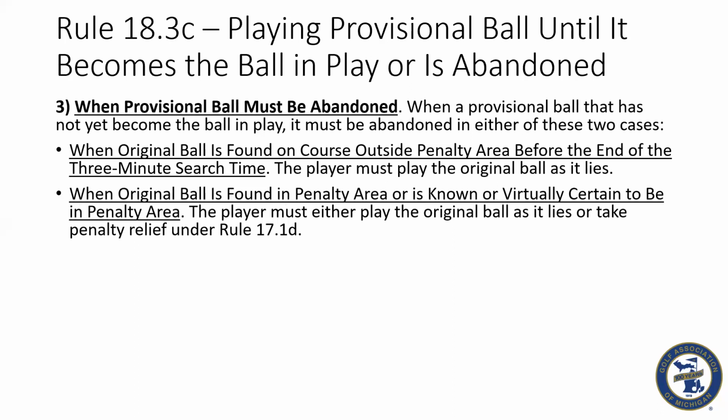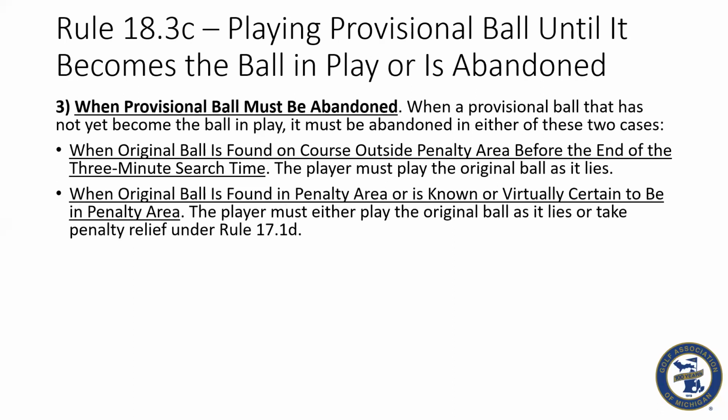And so that's a common question that we get: can I take a drop here if it is known or virtually certain that it's in the penalty area? As long as there was a chance that it was lost outside that penalty area, then yes, they can actually take a drop at that point.